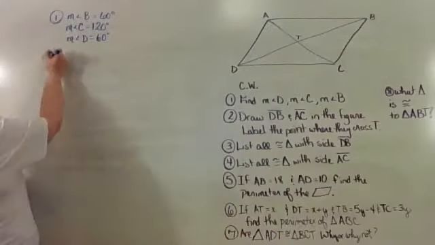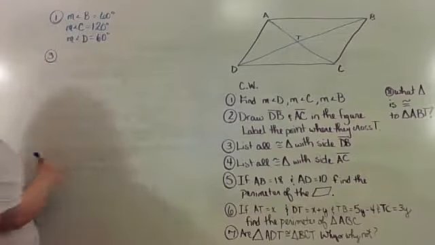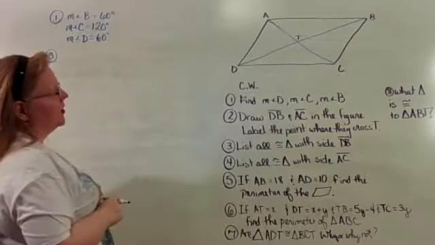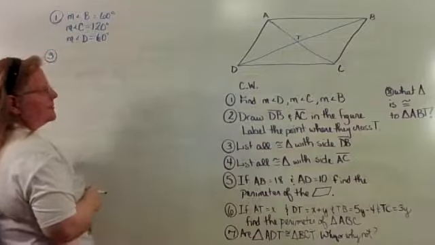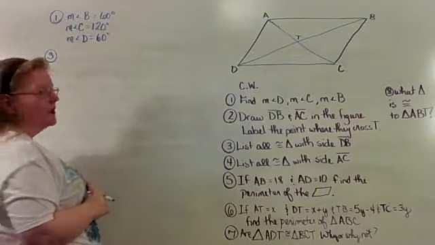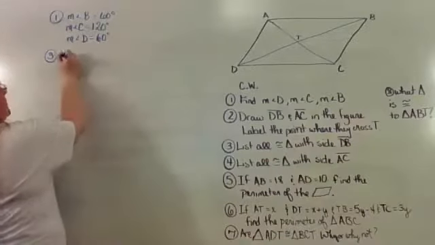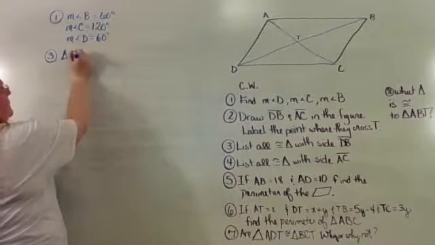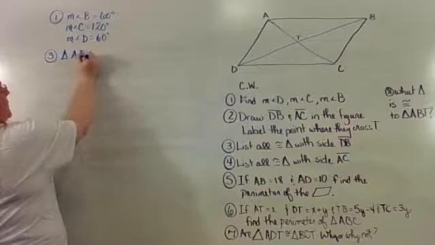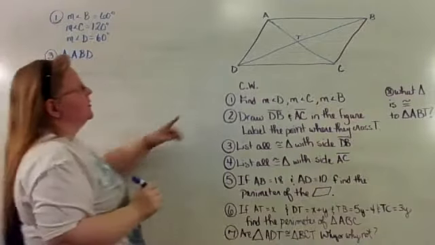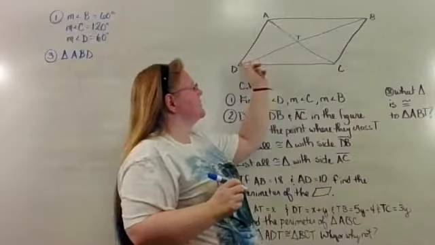Number 3 wanted me to list all congruent triangles with side DB. So DB is part of triangle ABD, going from here to there to there.